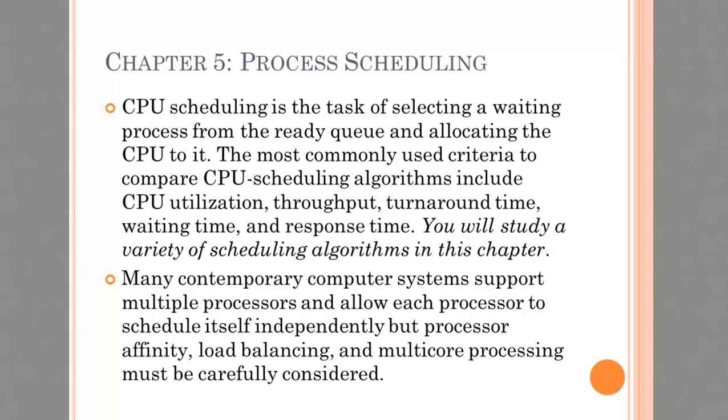And on top of it, many contemporary computer systems support multiple processors and allow each processor to schedule itself independently, so processor affinity, load balancing, and multi-core processing must be carefully considered. So yes, we have sophisticated technology, sophisticated hardware. Now, how can we keep up with all this hardware?